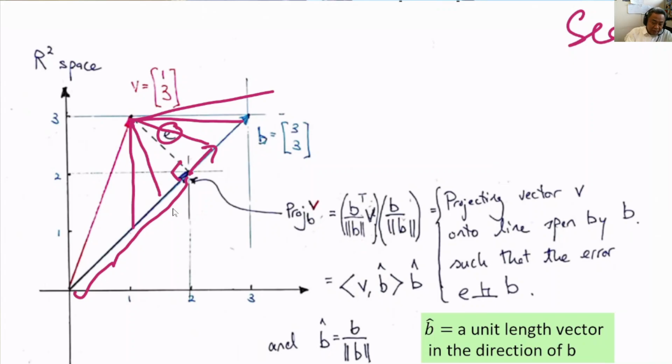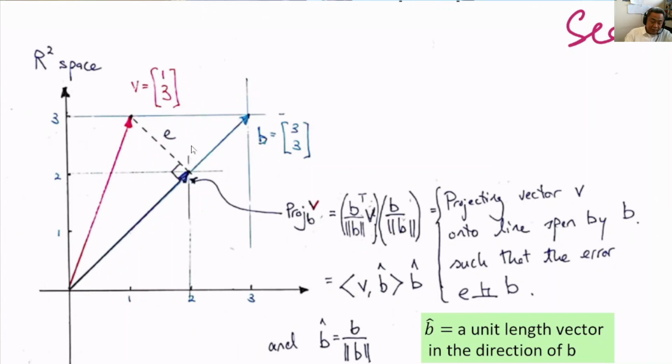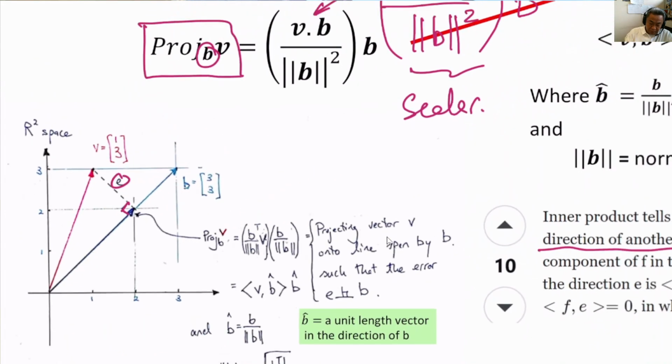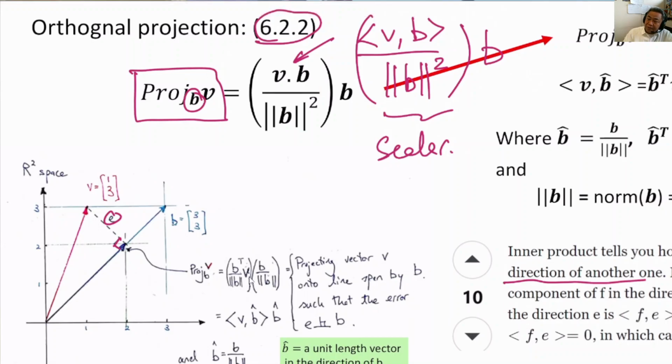So the idea is that in orthogonal projection, the error E must be orthogonal to b, the line that we are going to project v onto. And we derive this equation, which is what we have on the top. Now we're going to write this in another way: b over the norm of b squared.